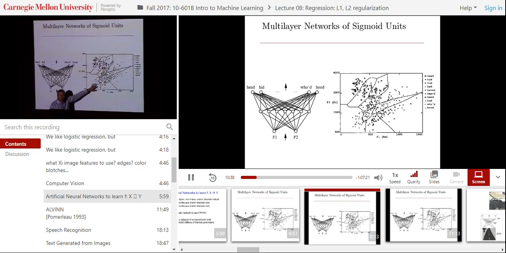So the important thing about this figure, the reason I bring it up, is that it gives you an idea of how very dramatically nonlinear the decision surface can be. This is the decision surface that tells us what region is vowel number 1 versus 2 versus 3 versus 4 and so forth. Whereas if we used logistic regression on this, we would have literally a line somewhere.